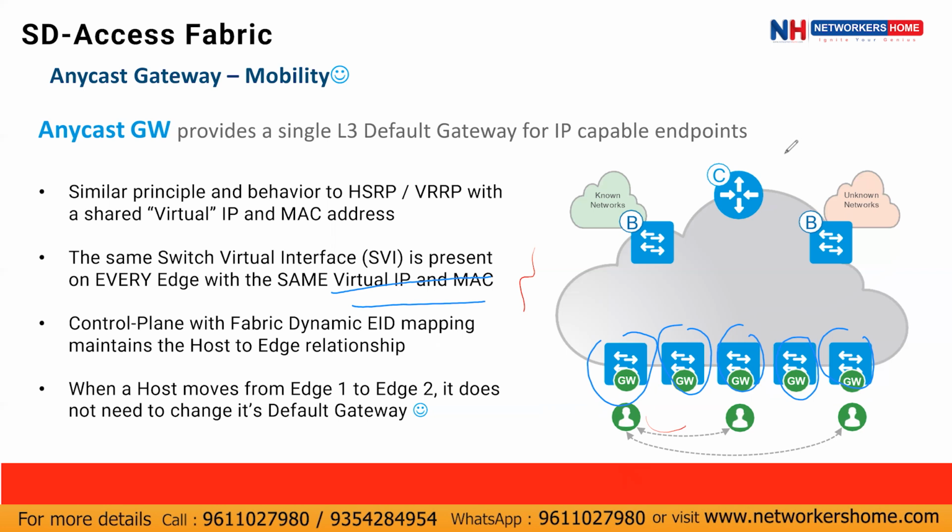Perfect. Only the controller mapping will change when this endpoint goes to a different edge node, but the gateway remains the same. So it will exit from here rather than transit from here.